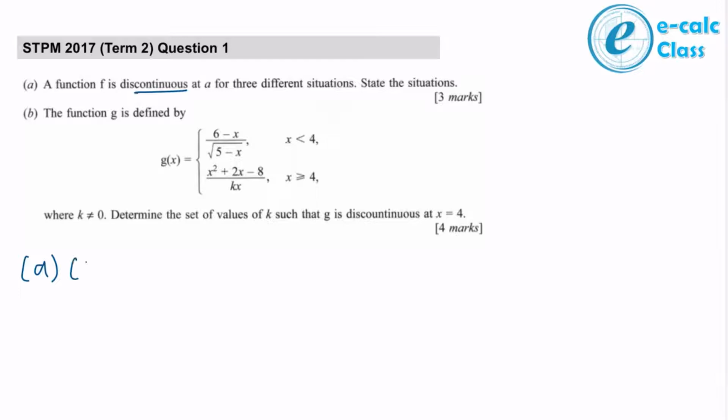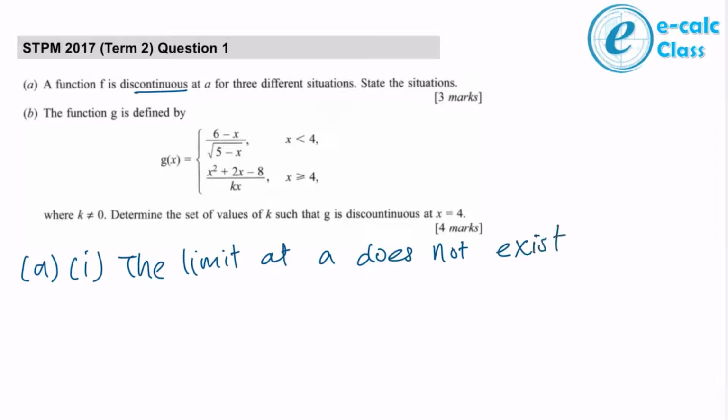The limit at A does not exist, and we will discuss this later. I will talk a little bit more about this one, limit that doesn't exist, because you actually can have two situations where it doesn't exist.